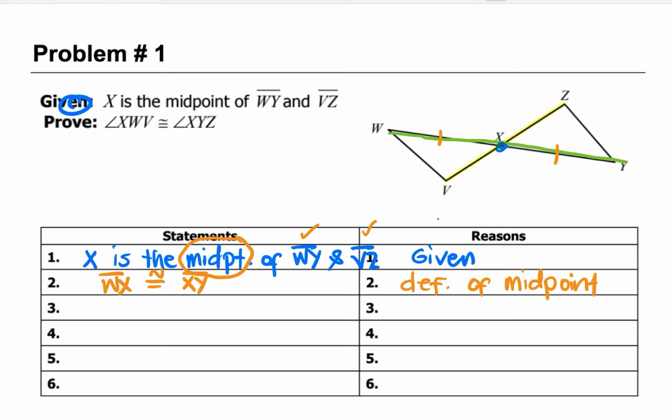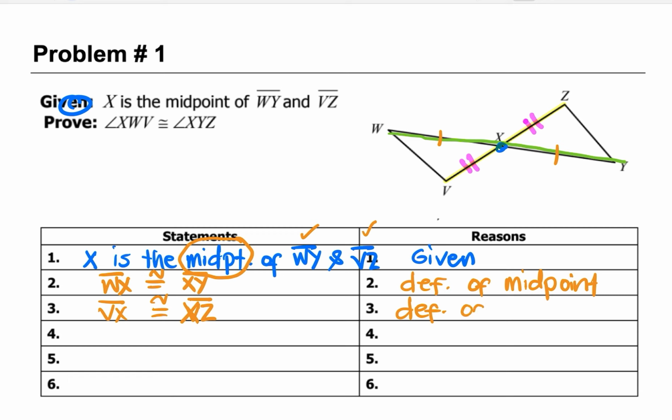And so if X is the midpoint, then it will also follow that VX is congruent to XZ. So that will make our third statement: VX is congruent to segment XZ. The reason is definition of midpoint.